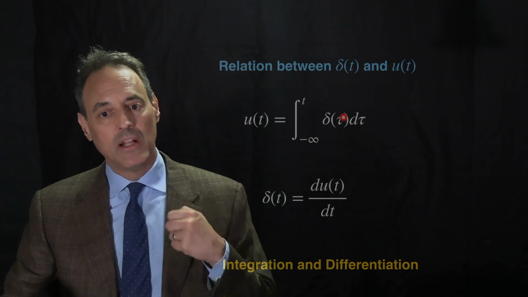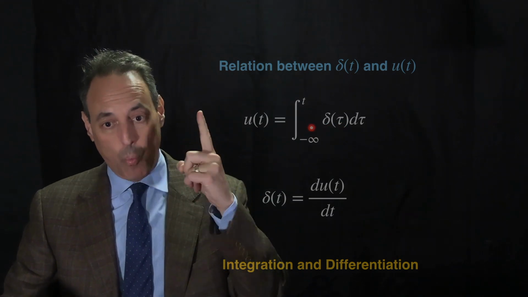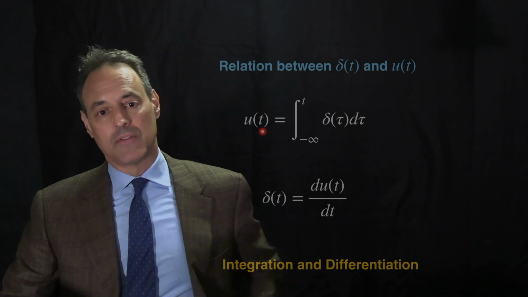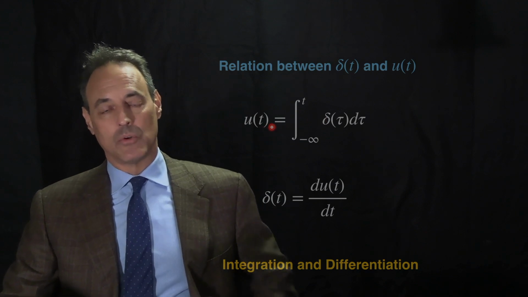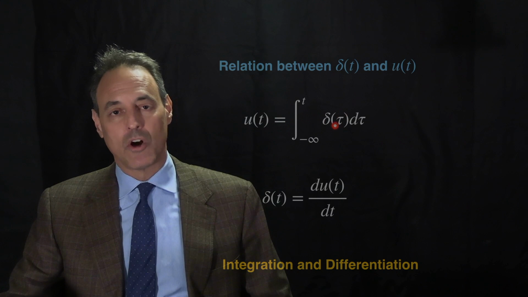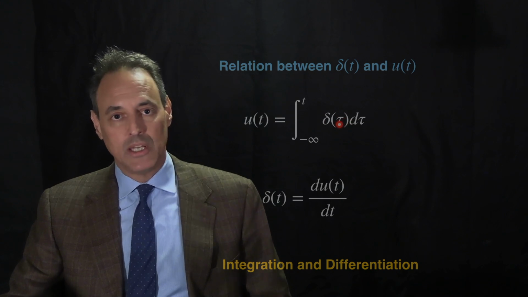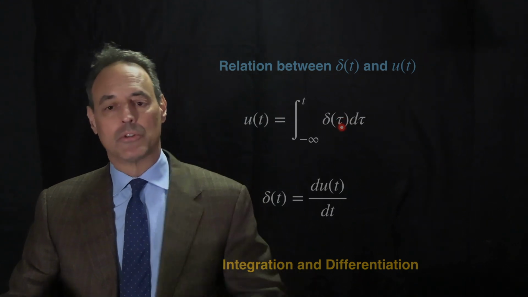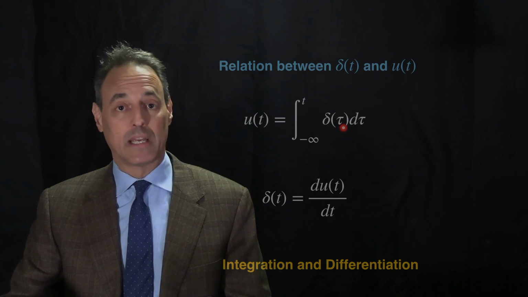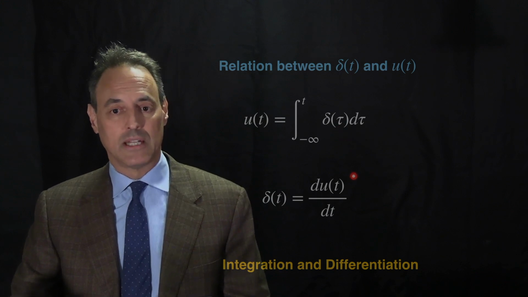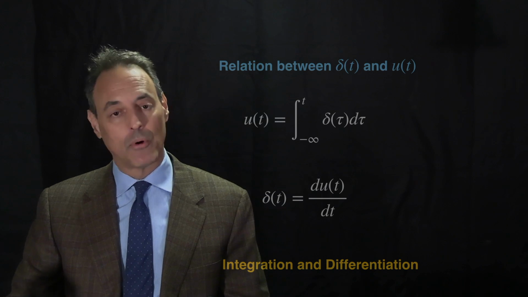At that point, this integrates to a value of 1, and that's exactly what this gives you. You don't get any more contribution once you've gone past tau equals 0. It's just a spike at tau equals 0, but a special spike that has area 1 under the curve. That's the unit impulse.